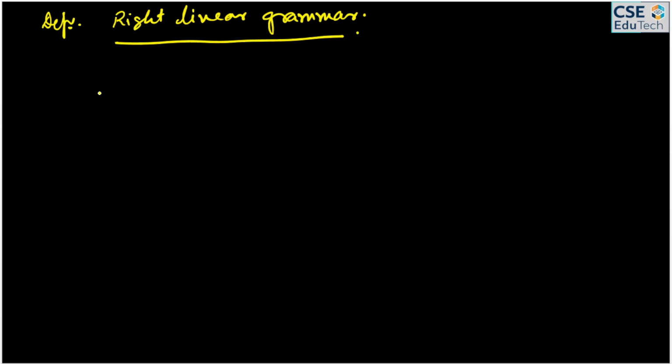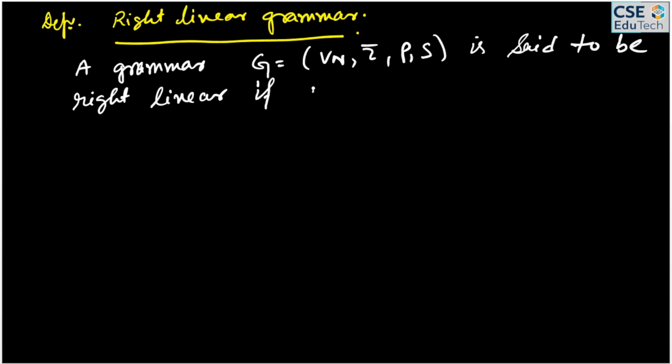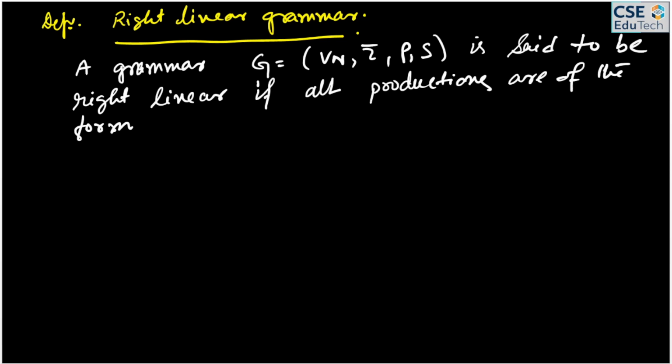Our definition of right linear grammar. A grammar, suppose G is equal to (Vn, sigma, Pn, S), is said to be right linear if all productions are of the form A to xB or A to x.